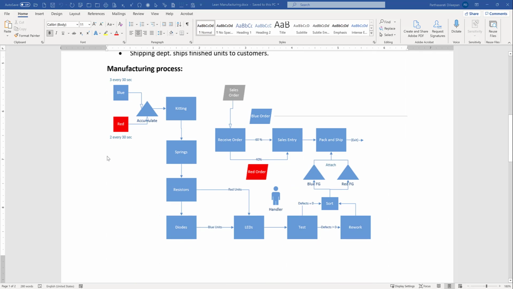So here is the manufacturing process and the sales process. We have the manufacturing process here, and then the sales order process here. And here is where the sales order process and the manufacturing process meet, and then the product is packed and shipped out.